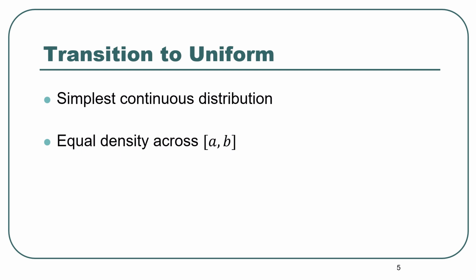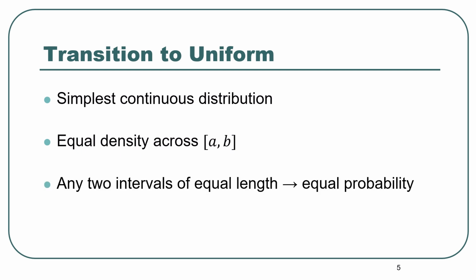So x inside a to b has the same probability for any intervals of the same length. We are going to end up with the same probability. Notation wise, we say x follows UNIF on the range from a to b.